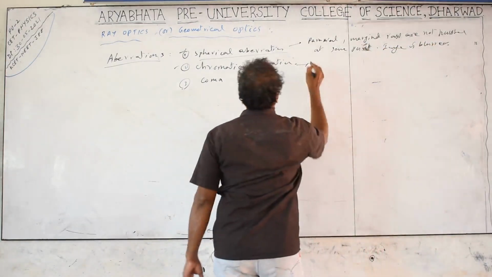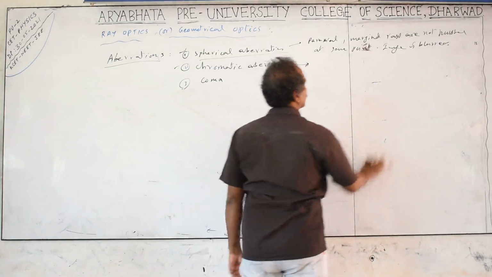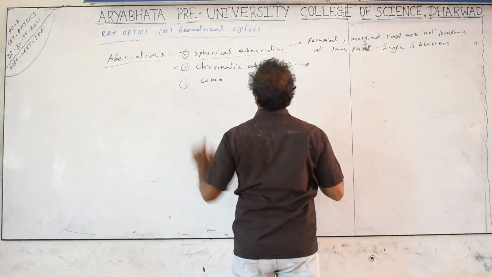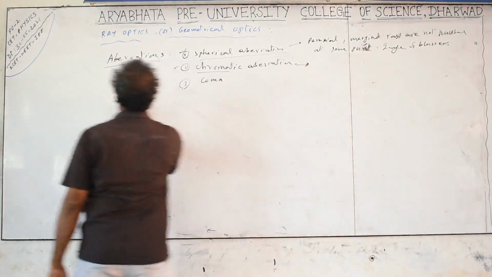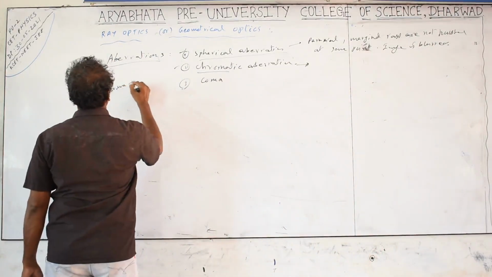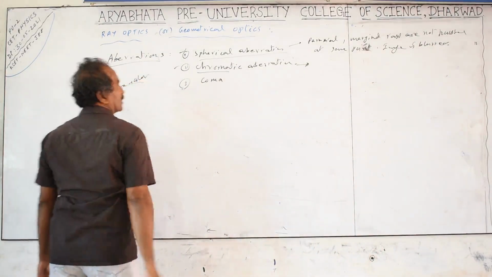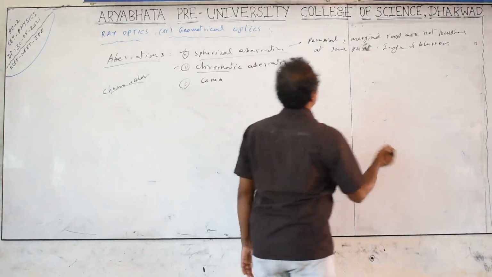And chromatic aberration. In chromatic, chroma means color. You will see colored images.